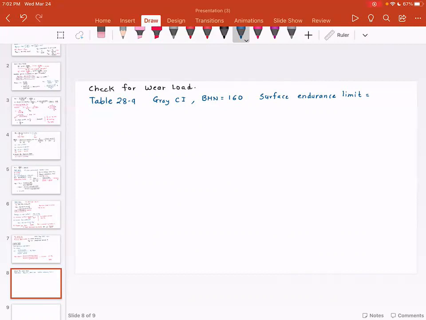So just quickly go to table 28.9, gray cast iron, BHN 160, and you will notice sigma ES.